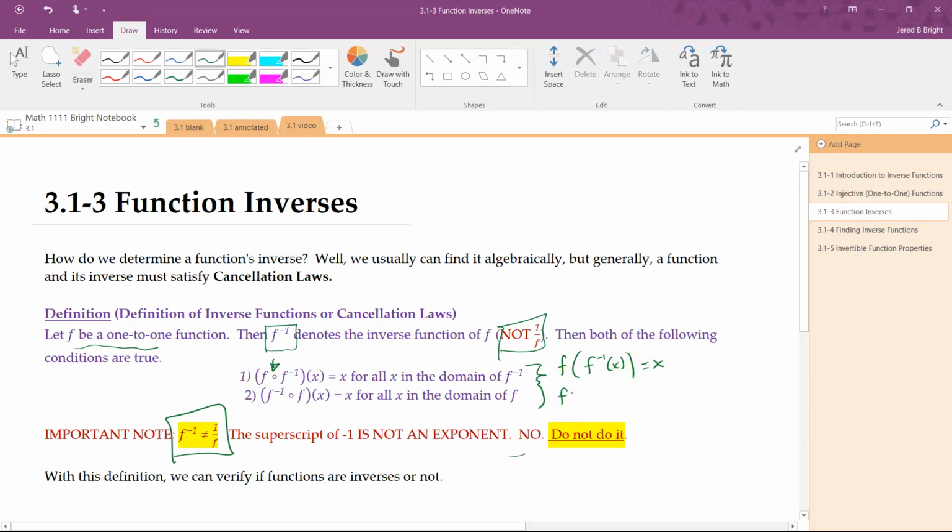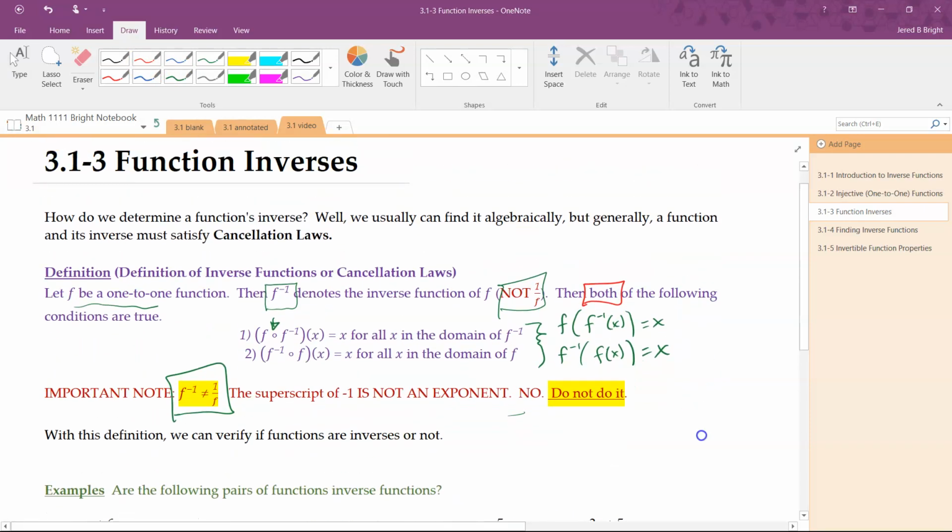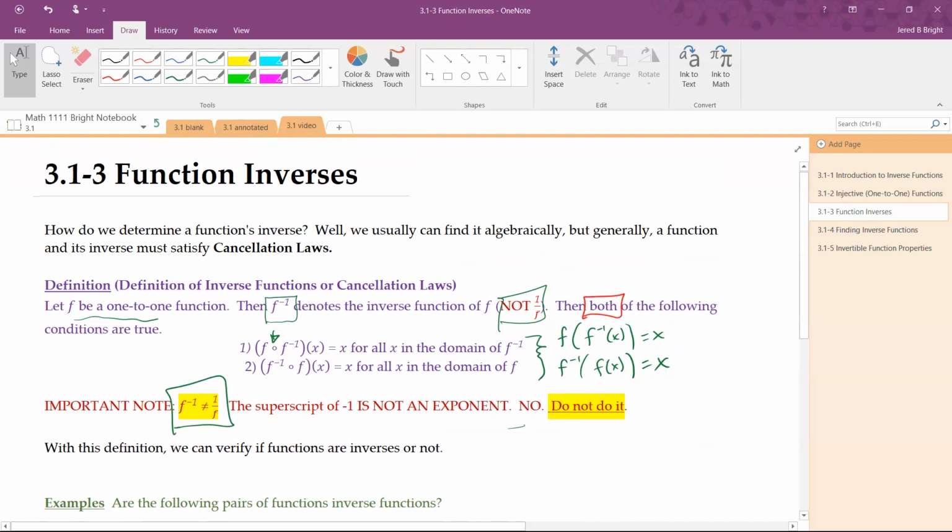The other way would be f inverse, and into the inverse function you stick the original function and it outputs x. You do need to do both. Both of these have to be satisfied. And so this is just going to allow us to verify if functions are inverses or not.